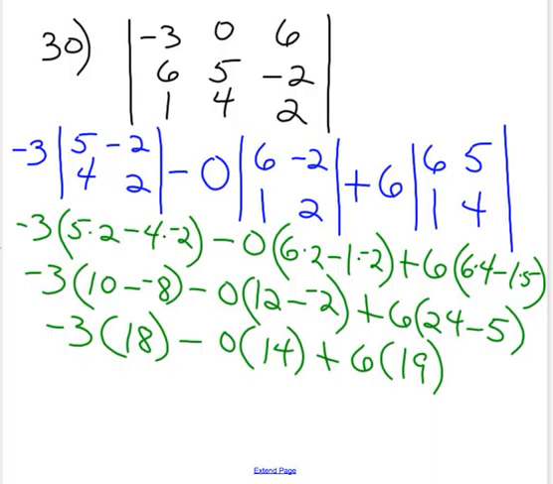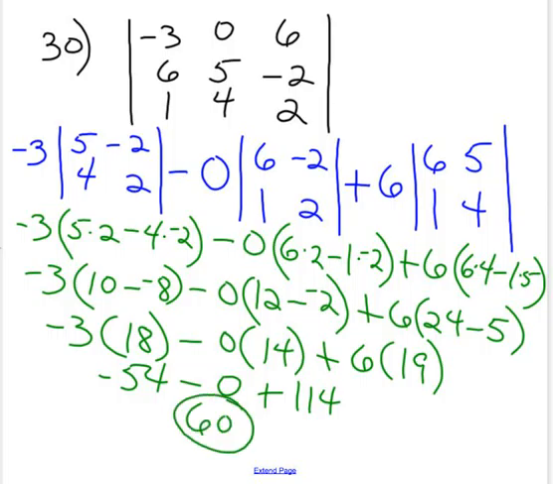Final multiplication. This would be -54. Middle term is 0. And my last term is 114. If I take -54 minus 0 plus 114, I will get a determinant of 60. And 60 is the determinant of this 3x3 matrix for number 30.